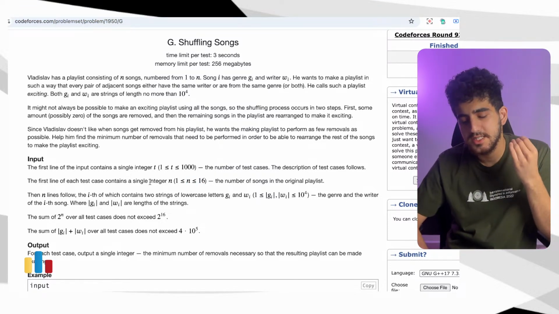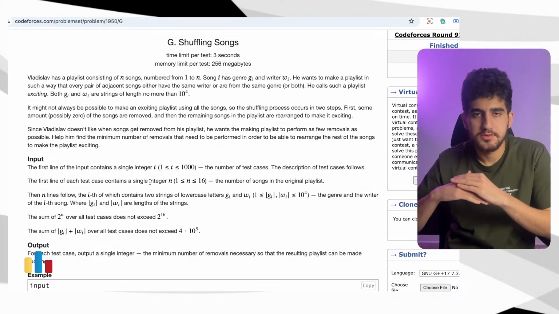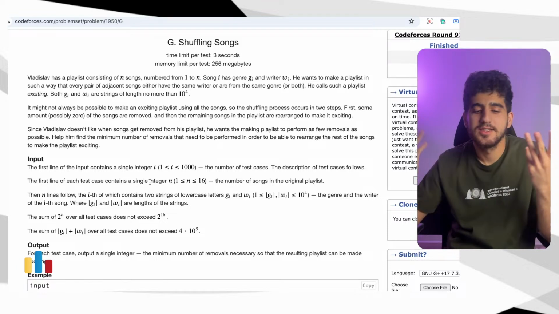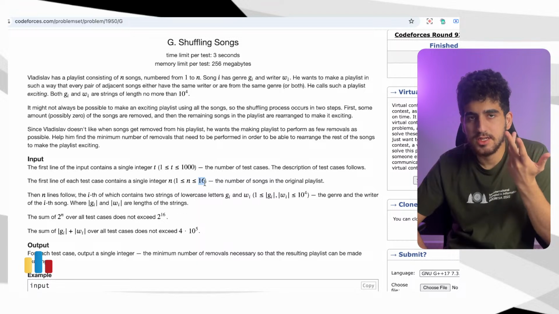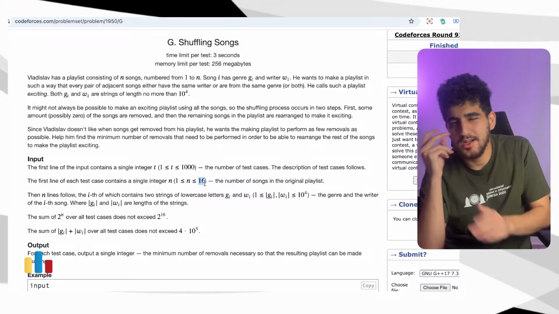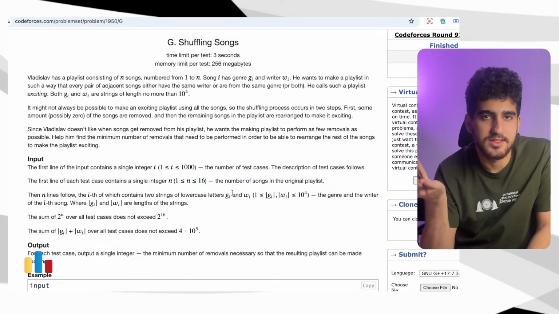Guys, always keep this in mind. In bitmask problems, the constraint on n is very low. Because usually you have to use 2 to the power of n. So when you see that in a problem n is up to 16 or something like that, it means that when the constants are this low, it's kind of giving you some hints that you have to apply bit masking on this one.